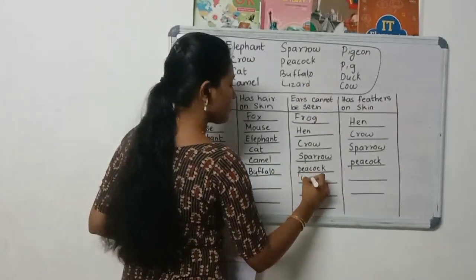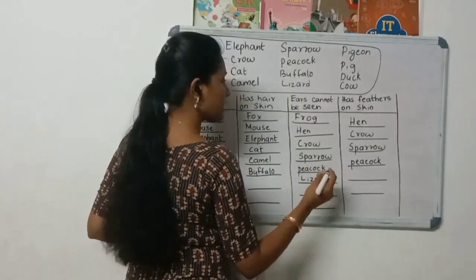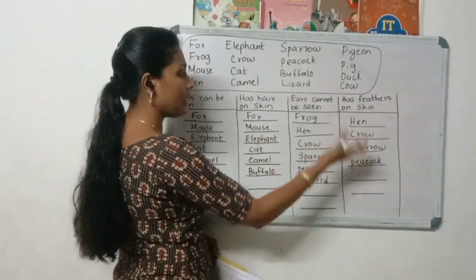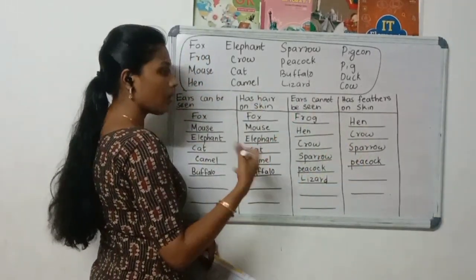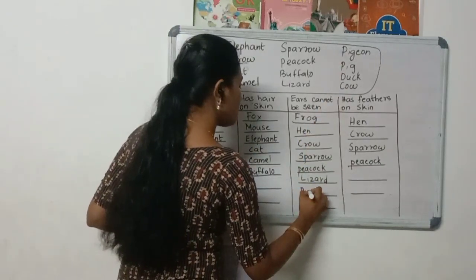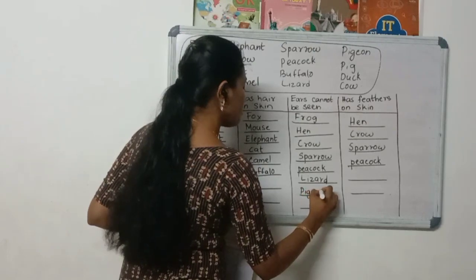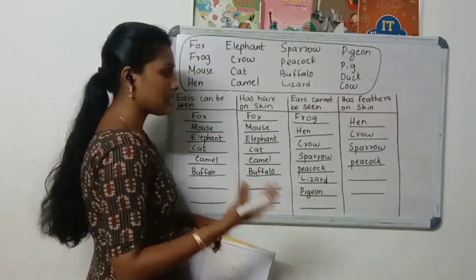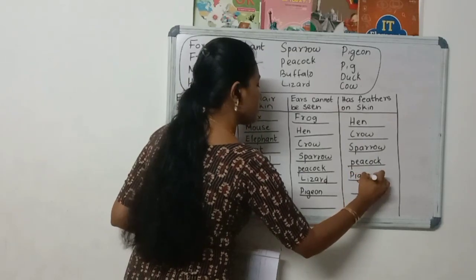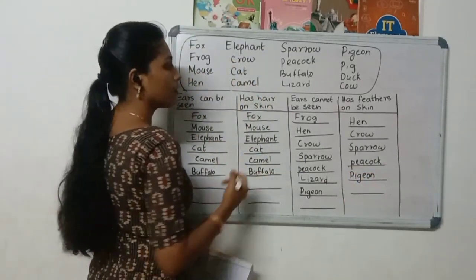Lizard. We cannot see a lizard's ears. A lizard does not have feathers or hair on its skin. Next, pigeon. A pigeon is a bird, so we cannot see its ears and it has, yes, feathers.